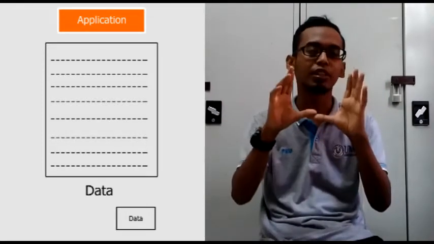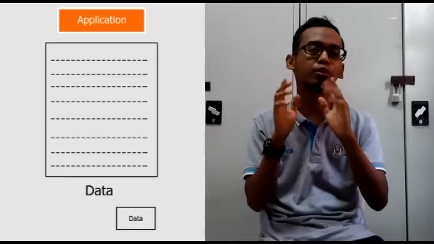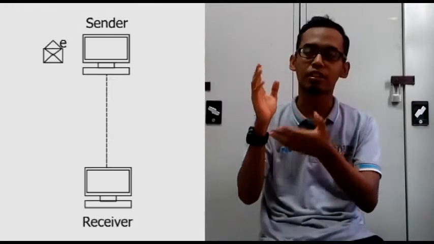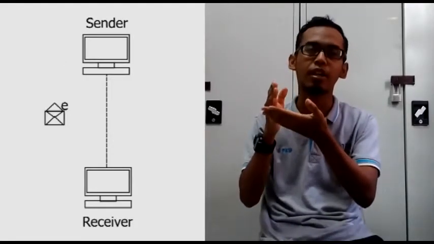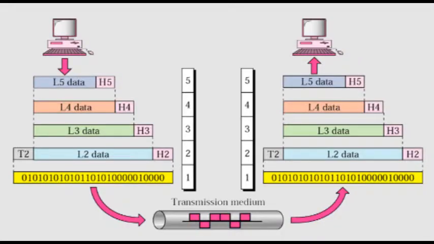In the application layer, we go through the same process. If the receiver opens the email, the data will be shown in the email. If the receiver is using a web browser, the data will go to the web browser.